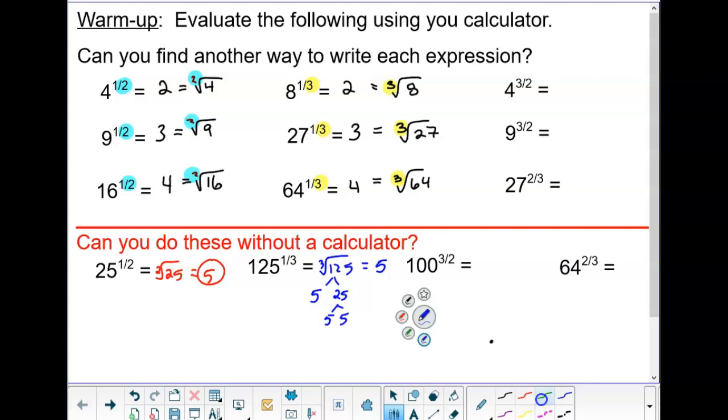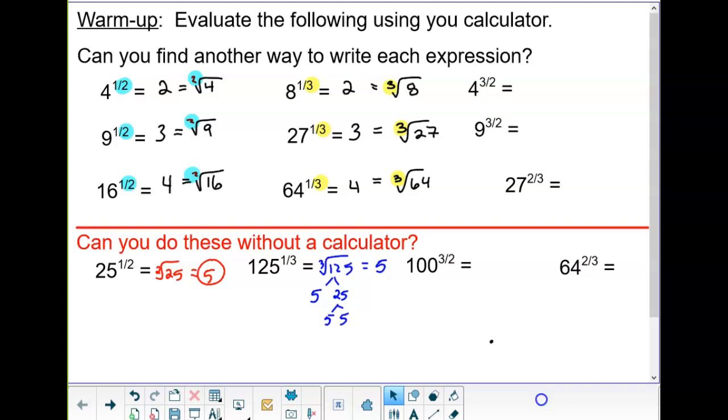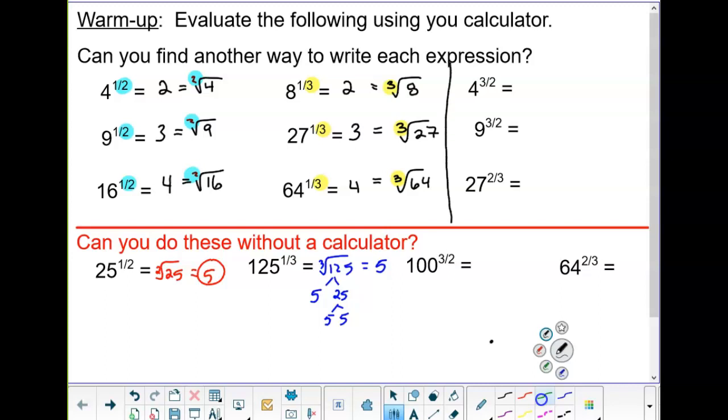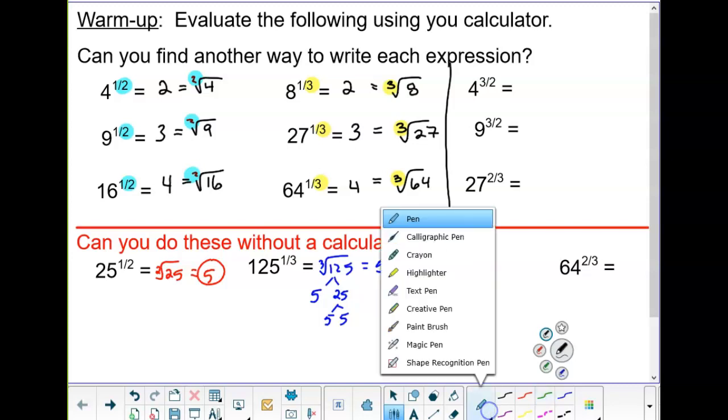But what about if there's more than a 1/2 or 1/3? And this is where it gets a little tough. To do these without a calculator takes some practice. So my hope is you were able to get this answer in your calculator, but let me show you where it comes from.